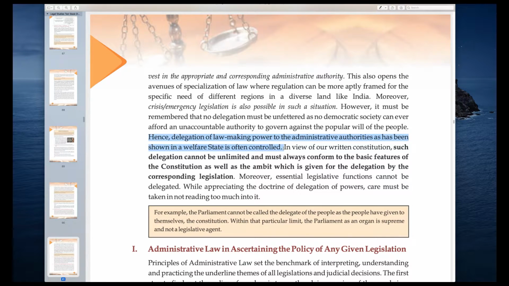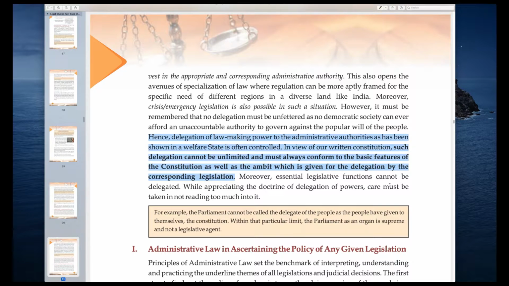Now, see the next sentence. In view of a written constitution, such delegation cannot be unlimited and must always conform to the basic features of the constitution as well as the ambit which is given for the delegation of the corresponding legislation.